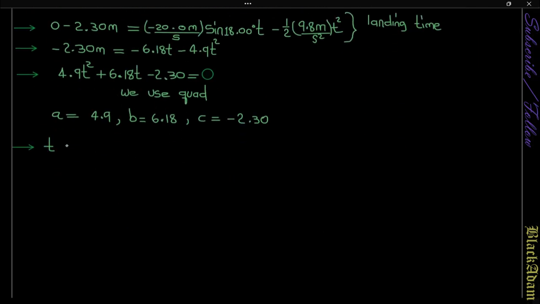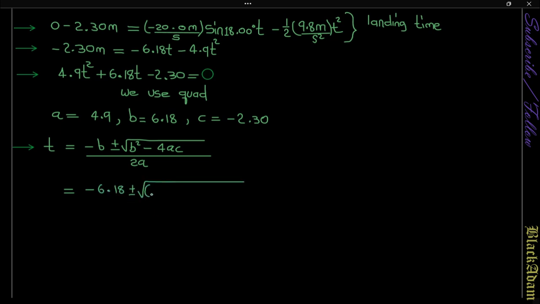And then we have t is going to be negative B plus or minus the square root of B squared minus 4AC, all over 2A. So that gives us negative 6.18 plus or minus the square root of 6.18 squared minus 4 times 4.9 times negative 2.30, all over 2 times 4.9.